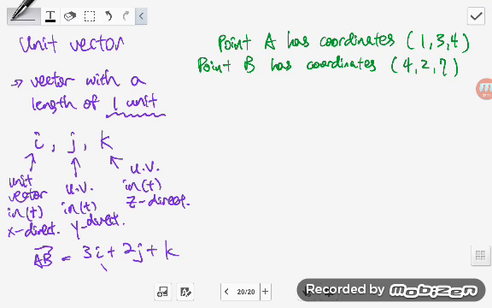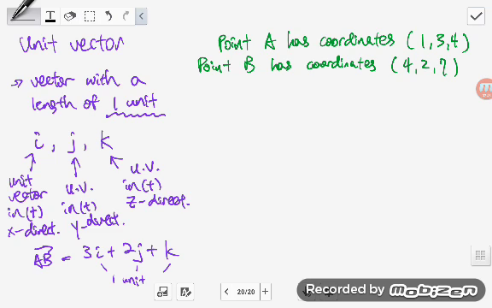So I, J, and K, they're all unit vectors, and they are all 1 unit long, right? In their respective directions, of course.